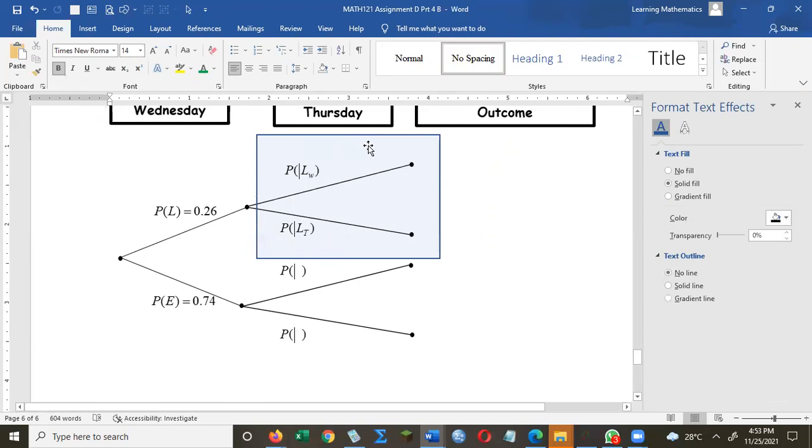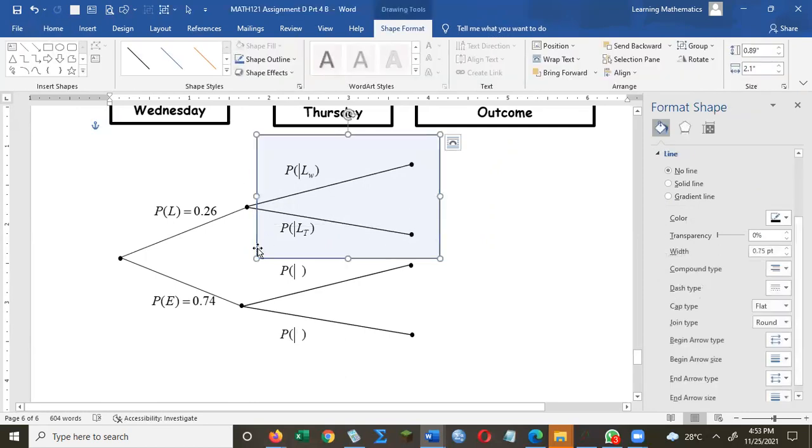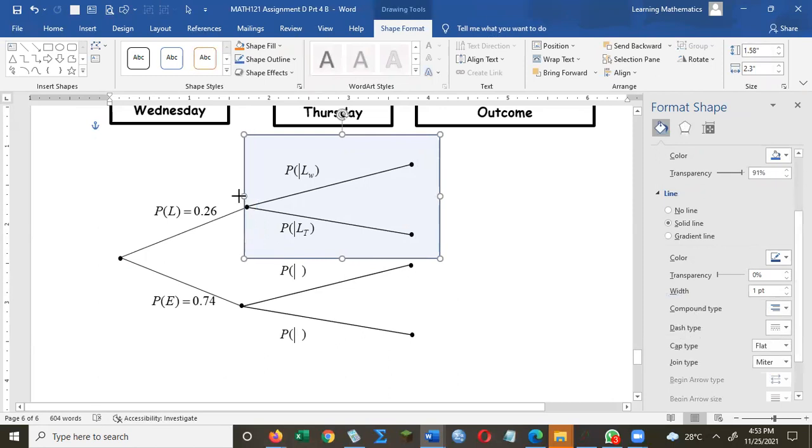Before we analyze this section, you see those two branches coming out from a node. Look, there are two branches coming out from a node, and I'm going to talk about it in general.